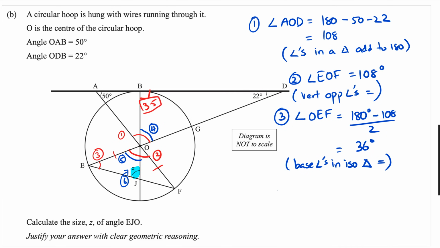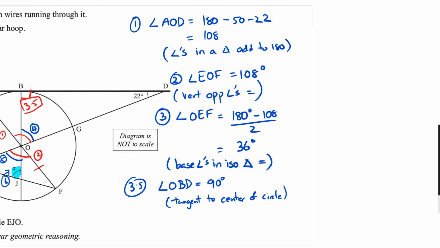Sorry, I messed that up. 3.5: angle OBD equals 90 degrees, because that's a tangent to the center of the circle. So because that's 90 degrees, now I can work out step 4.